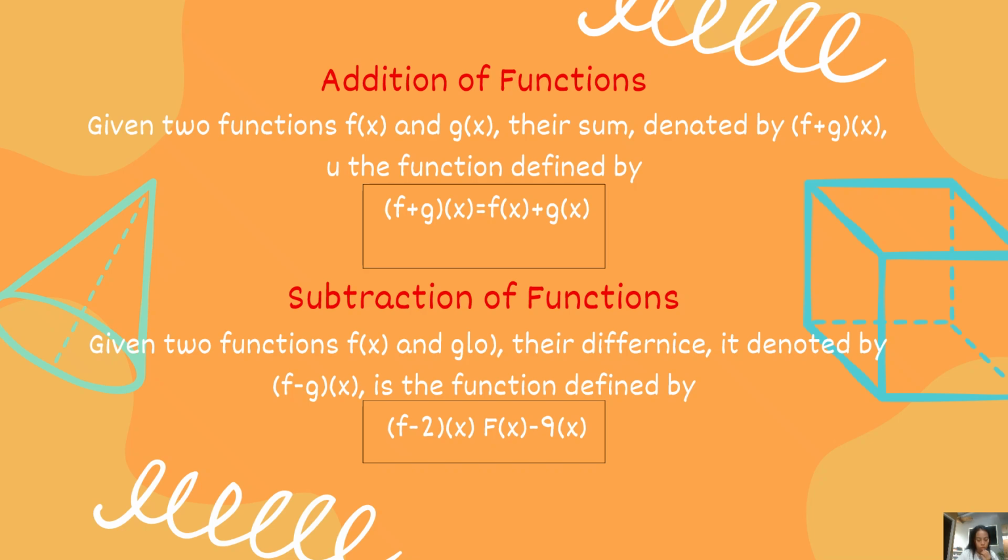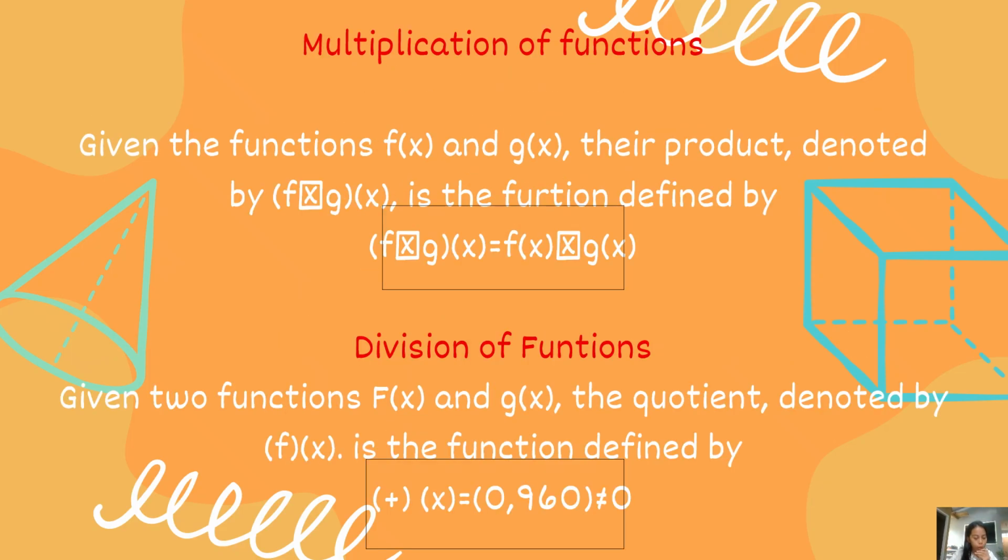In subtraction, the difference between two functions. Given the two functions f of x and g of x, the difference, denoted by f minus g of x, is the function defined by f minus g of x is equal to f of x minus g of x.